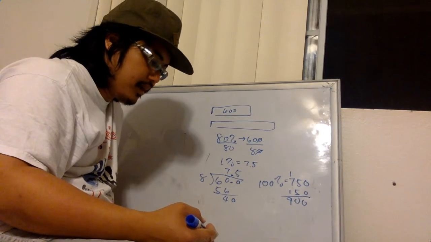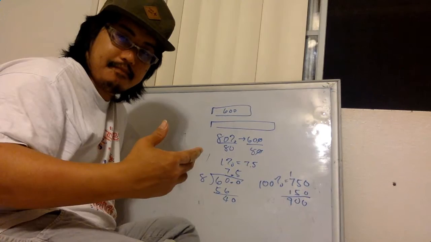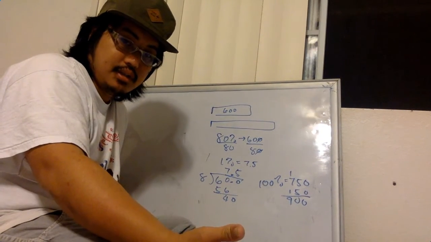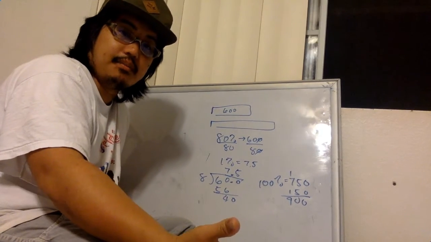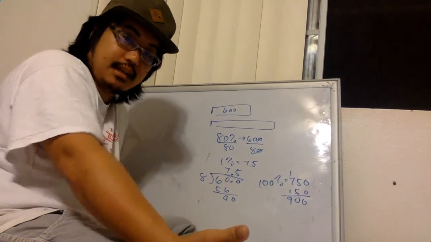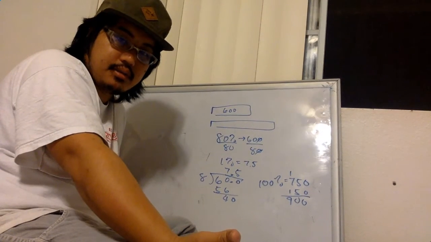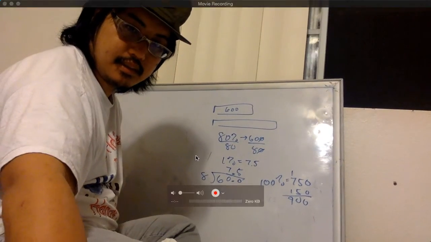I would not buy a watch from this person. But it's a $750 watch. And if this person wants to make $150 more, then they would need to sell it for $900 because they paid $750. I hope that makes sense.